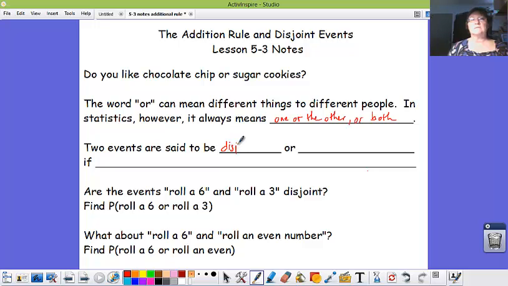This is the word we said we were going to introduce you to. Two events are said to be disjoint, or another way of saying that is mutually exclusive. Two events are disjoint or mutually exclusive if they both can't happen at the same time.